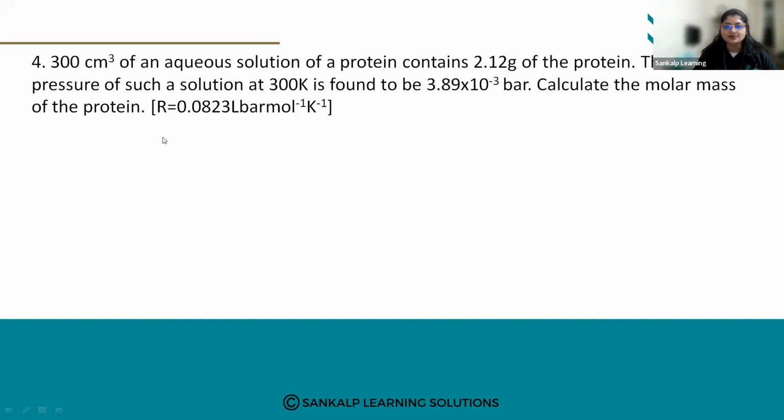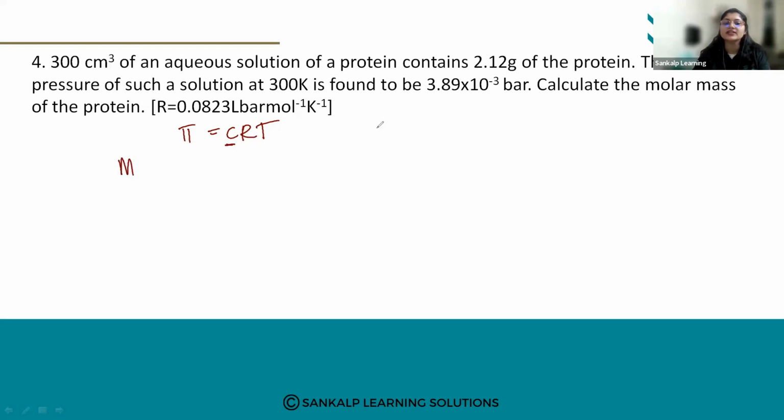R is equal to 0.0823 L bar per mole per Kelvin. So what all things are given? You know that osmotic pressure pi is equal to CRT. Which is the formula we are going to use for finding the molecular mass?